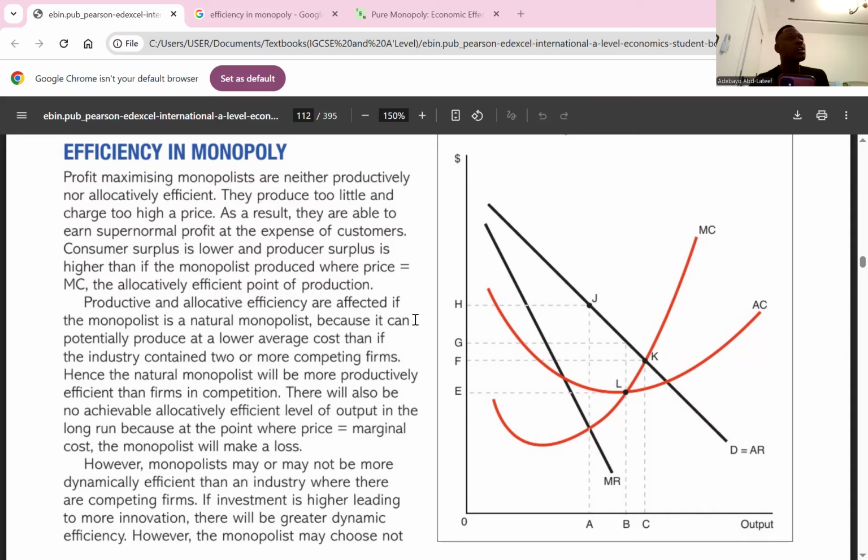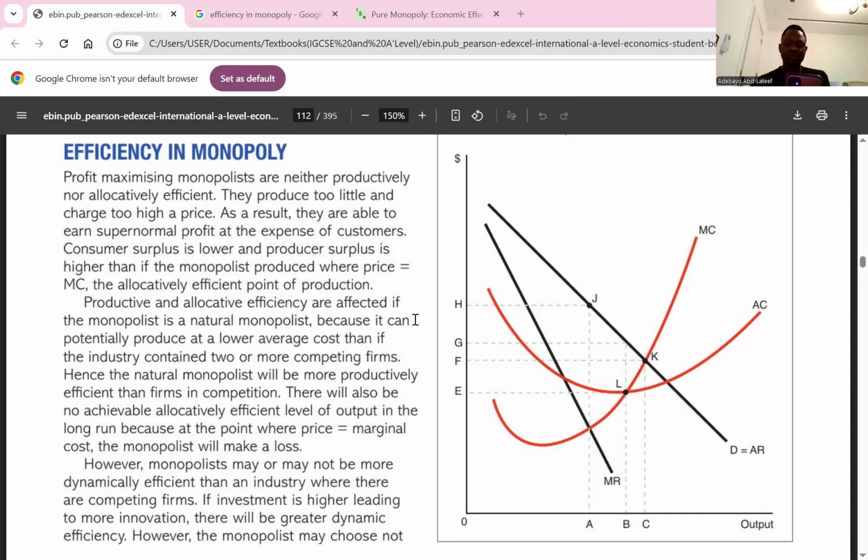So a monopolist is not allocatively efficient because it's selling at the higher price OH instead of OF. Its output is at OA instead of OC. That is why a monopolist is both allocatively inefficient and productively inefficient.